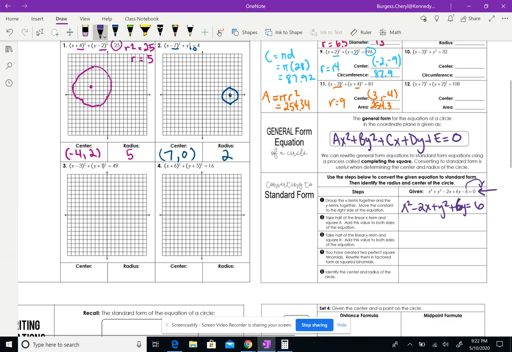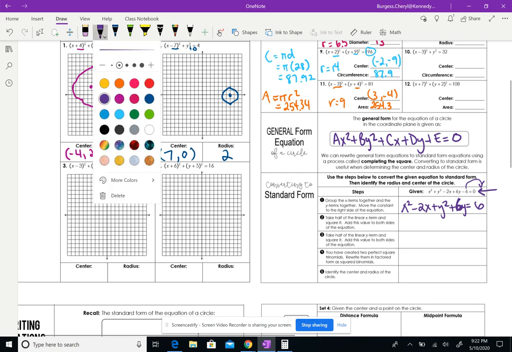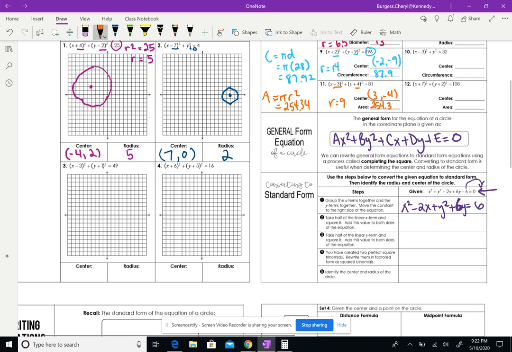Okay, so the completing the square is you take half of the linear term, or the b term, and you square it. So we're going to rewrite this as x squared minus 2x.